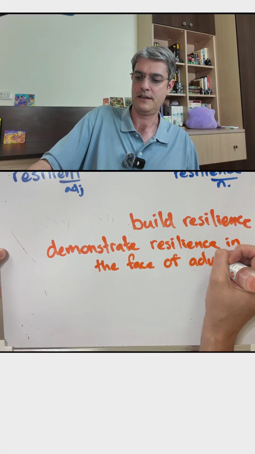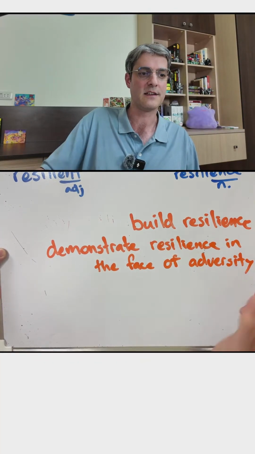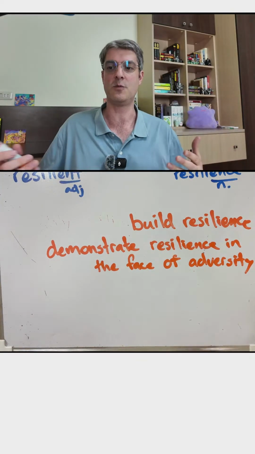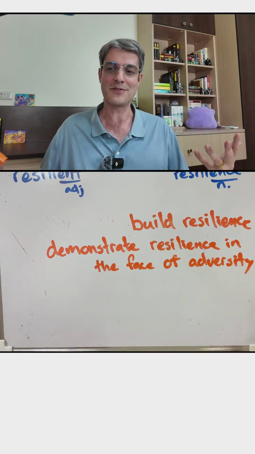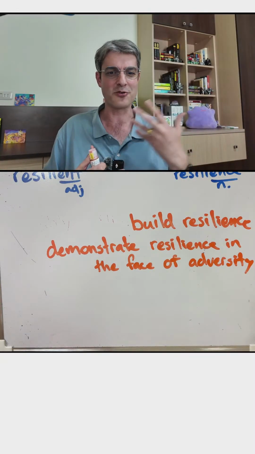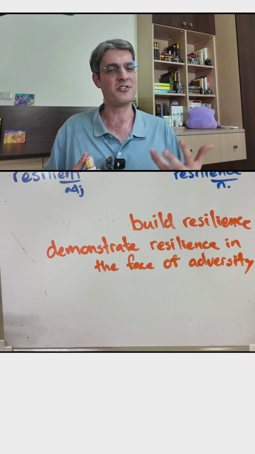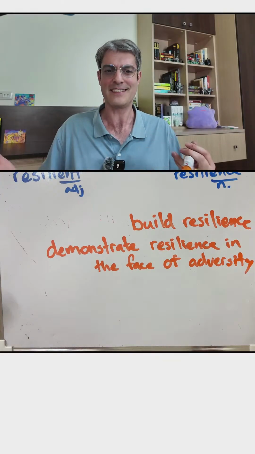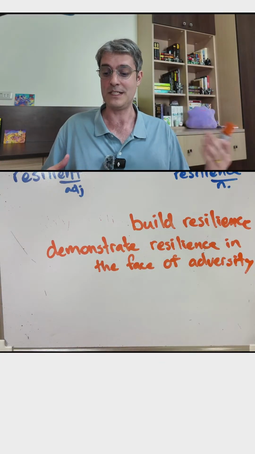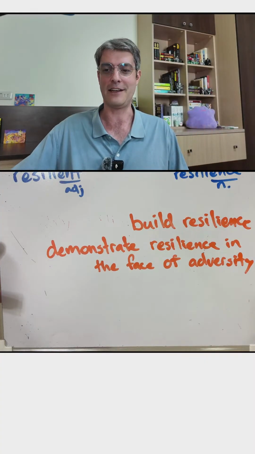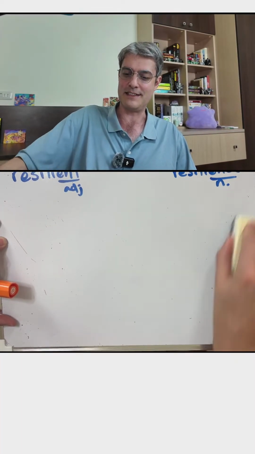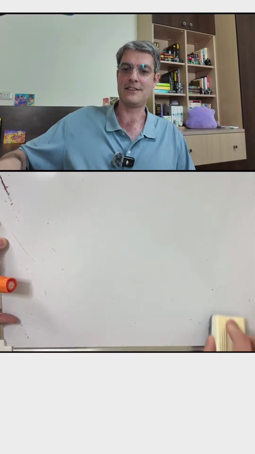All right. So to demonstrate resilience in the face of adversity means to adapt well and bounce back and grow stronger, especially after experiencing any kind of trauma or tragedy or threats or any kind of real significant stress. We could say that somebody demonstrates resilience in the face of adversity. So that's it for our resilient and resilience pair. All right, I got two more here.